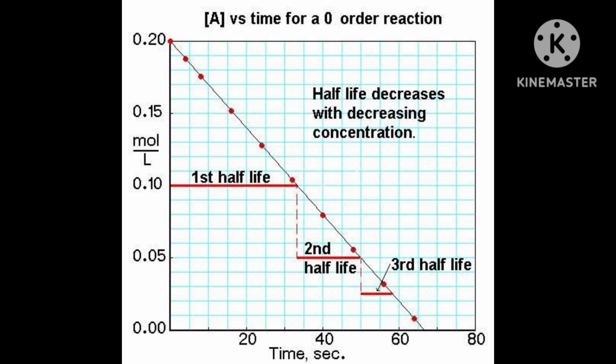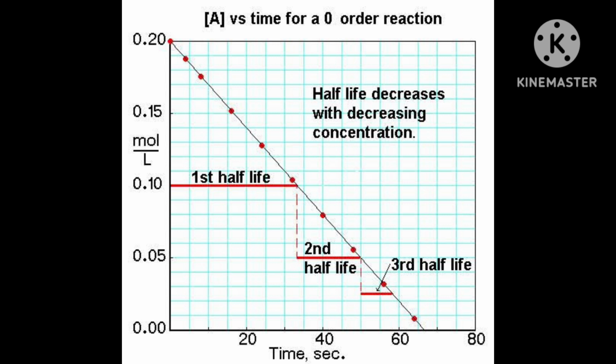Now I am telling you the calculation for T half. How will you calculate? K is equal to R0 minus R divided by T. Here you require R0, but R means concentration at any time.